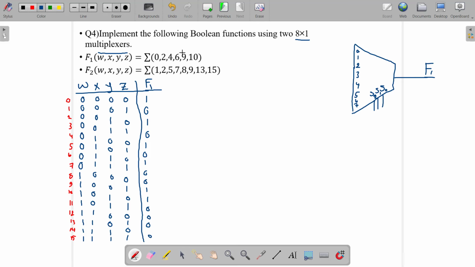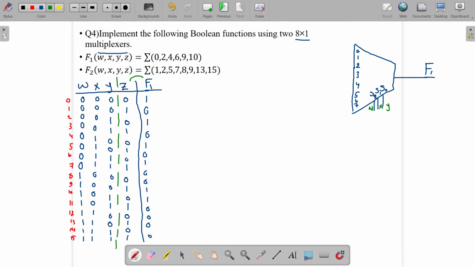So we said that we have to divide this truth table vertically. So from the MSB, the first variables are written as the selection lines, which here are W, X, and Y. And for comparing the F1, we need to have the Z.